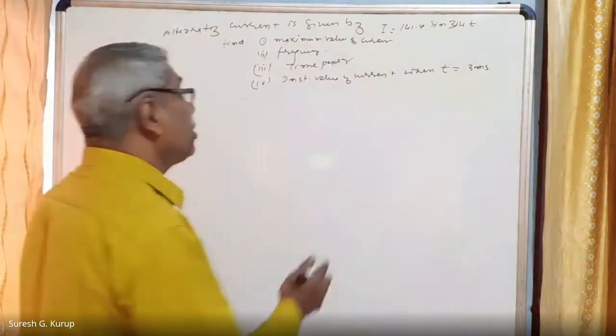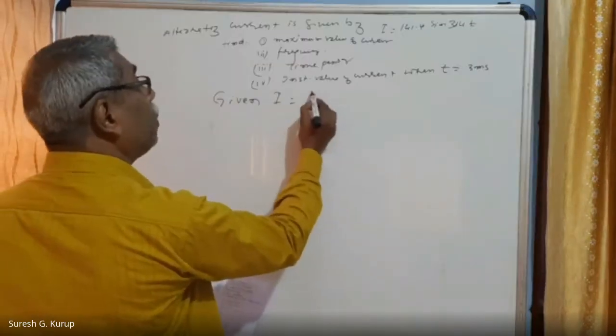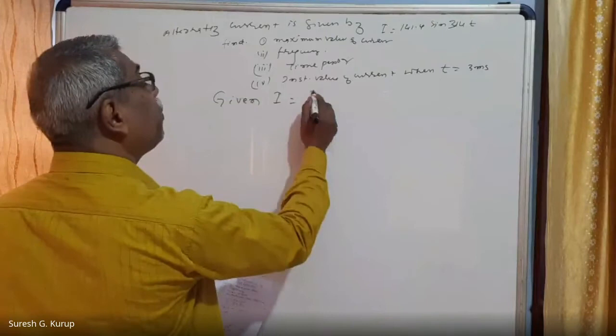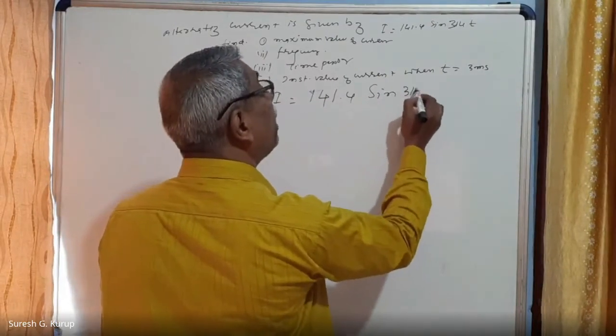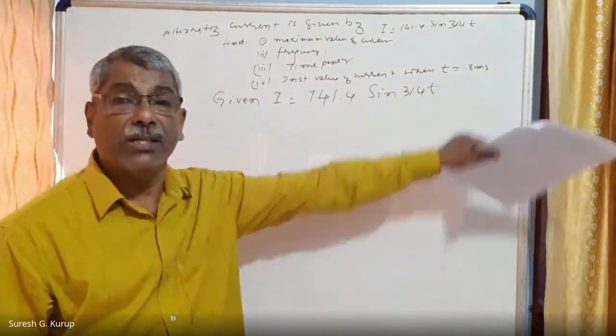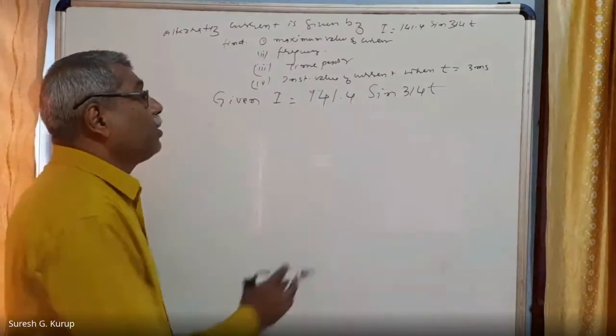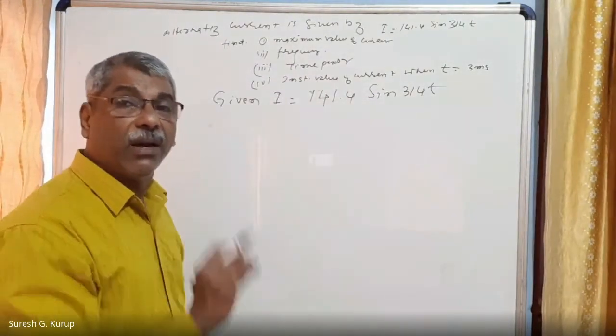So from the relation itself, I is equal to 141.4 sin 314t. The value of t is given as 3 milliseconds. This is to be compared with the basic relation. What is the basic relation?